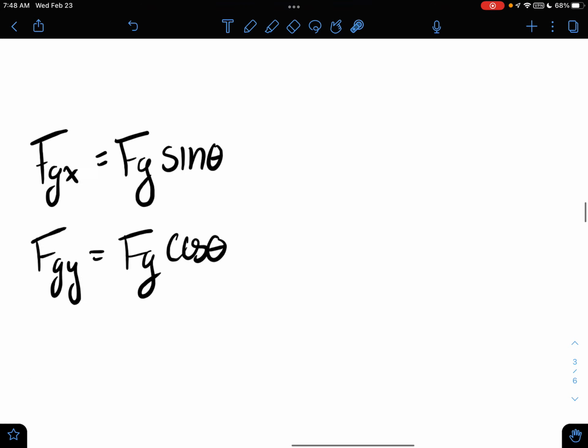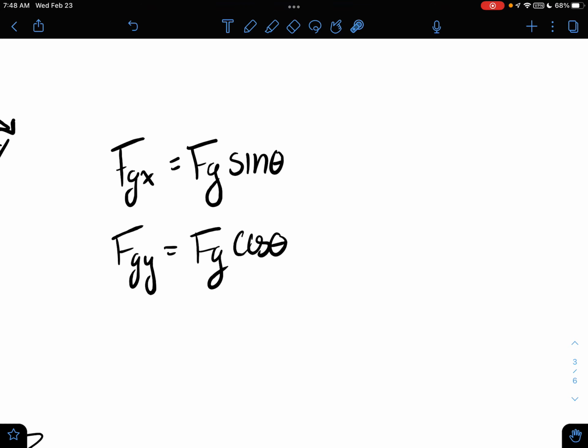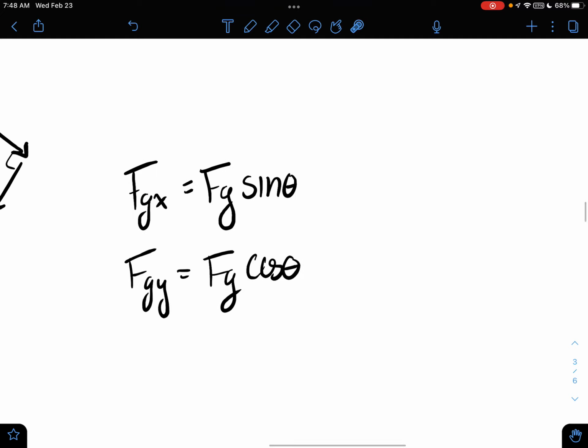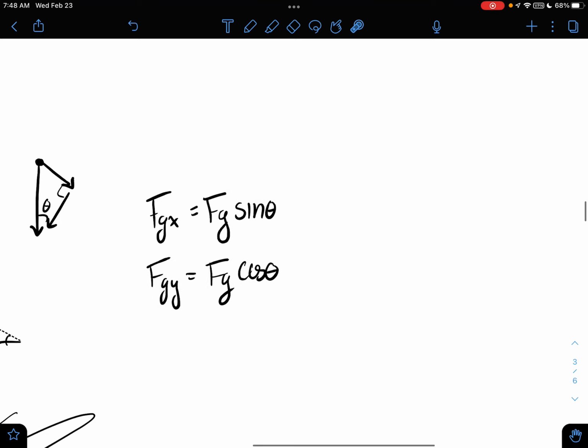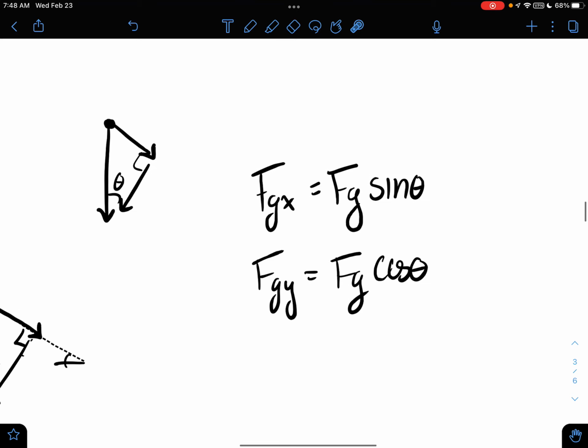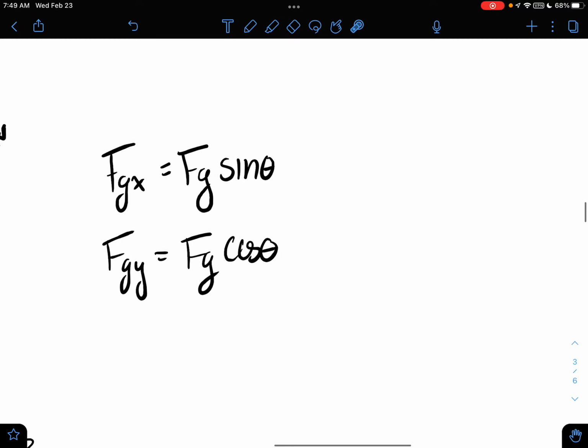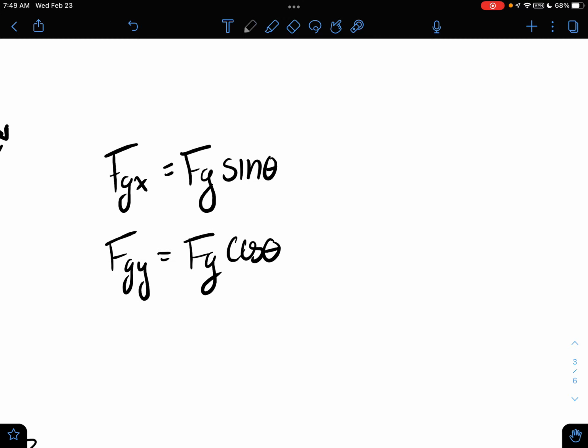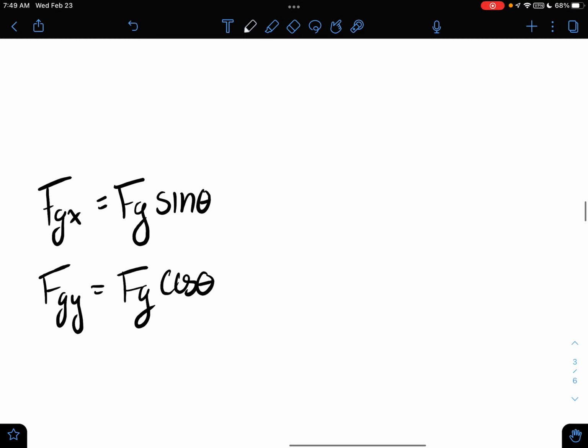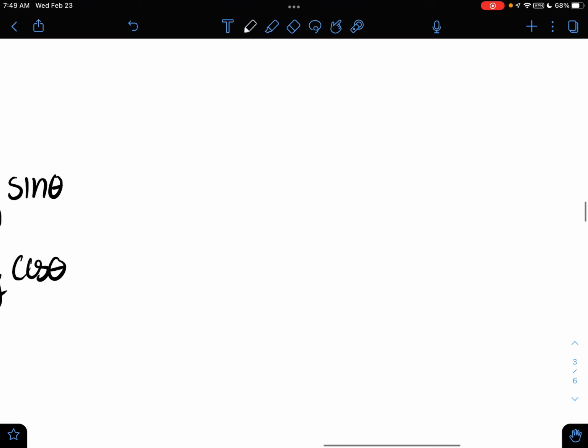And another thing, a lot of times we'll want to use just the general rule that x is the sine direction, because from our unit circle, x was the sine of that angle, but it depends on where we're measuring the angle from. So you really always have to set up your triangle, find your theta, and do the trig. We're not going to be doing any shortcuts.